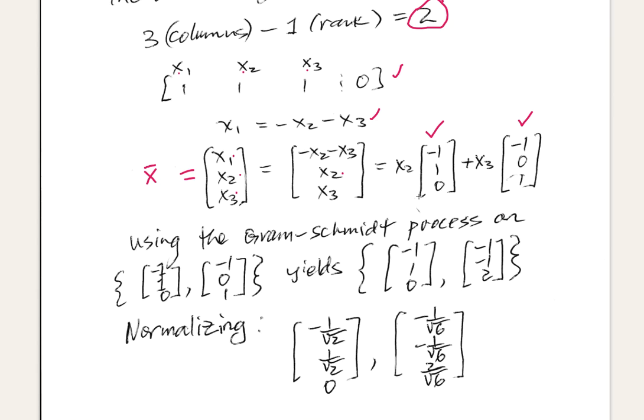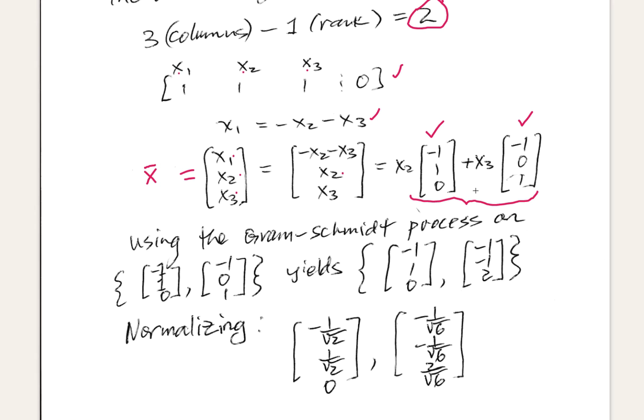Once you've found this, you found a basis for all your eigenvectors. Again, x sub 2 and x sub 3 can't be 0 because the 0 vector is not technically an eigenvector. But don't worry about that anyways. To make a space, you would just throw in the 0 vector even though it's not technically an eigenvector.